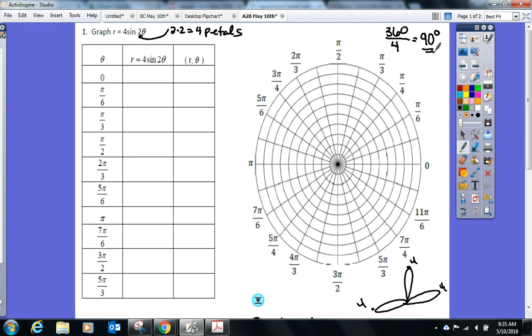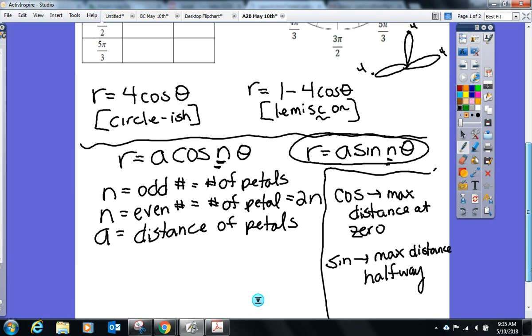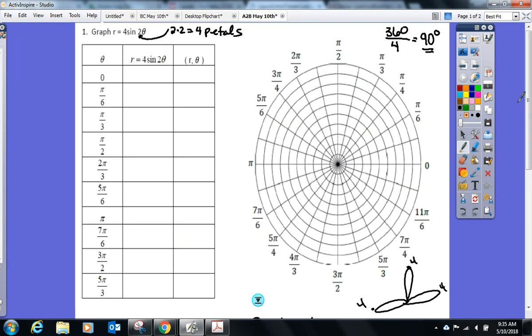All right, so where's the first petal then? Hold on. Sine or cosine curve? Sine. This is what I mean when I say the max distance is halfway. If I'm going to have a petal at 90, what's halfway? Somebody locate 45 right now on that polar grid. Everyone see where it is?